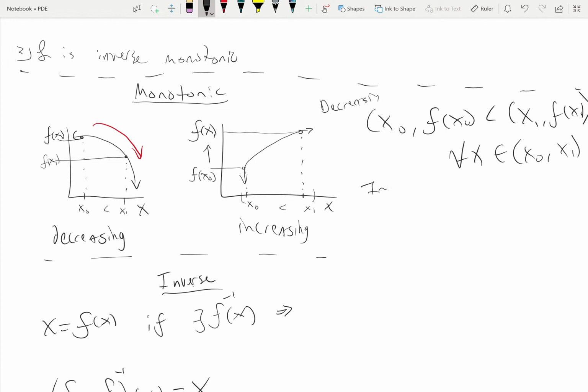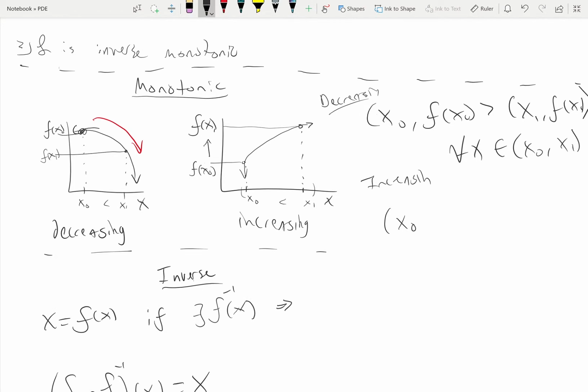And increasing is that x naught, is greater than. Dang it, I messed it up. Alright, so decreasing means that for this point here, it is greater than this point here for all of x. So for increasing, we have x naught, f of x naught, this pair of points, is going to be less than x1, f of x1.